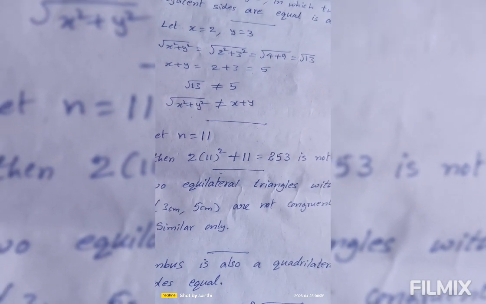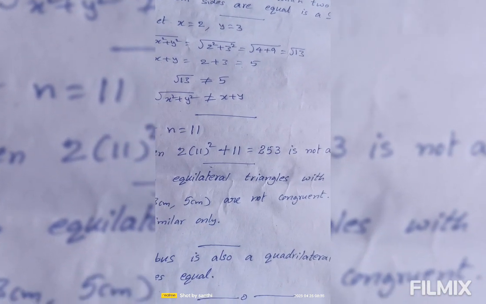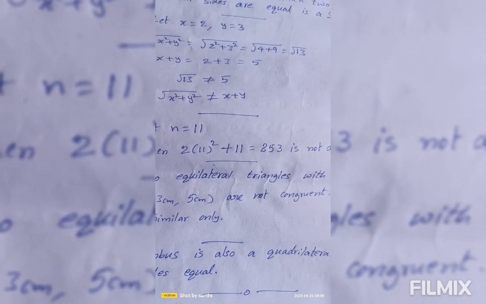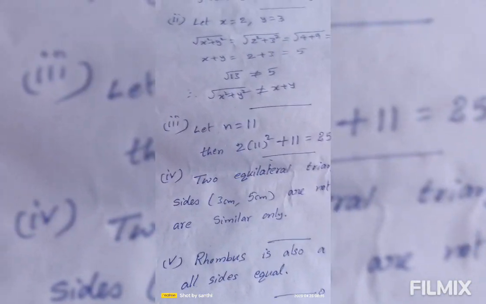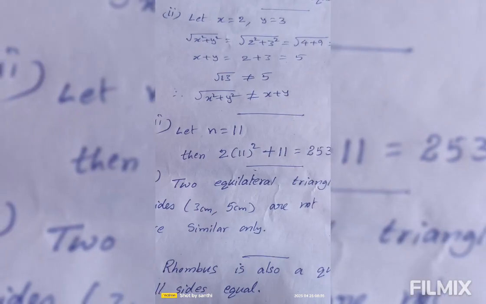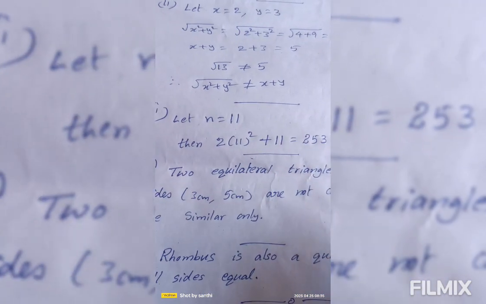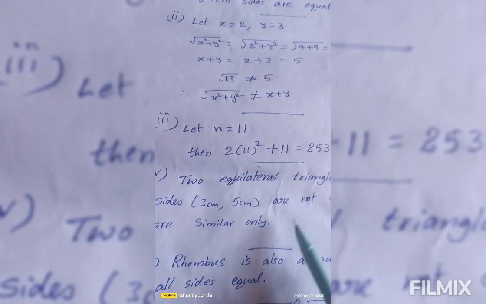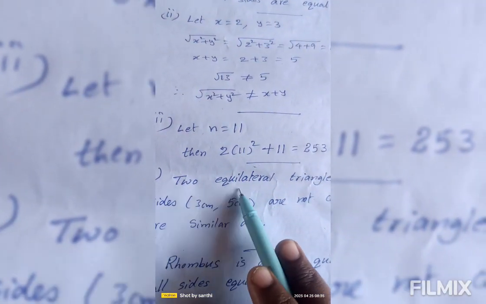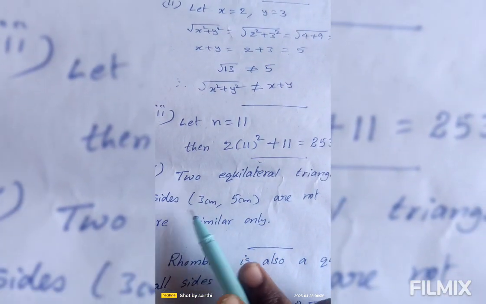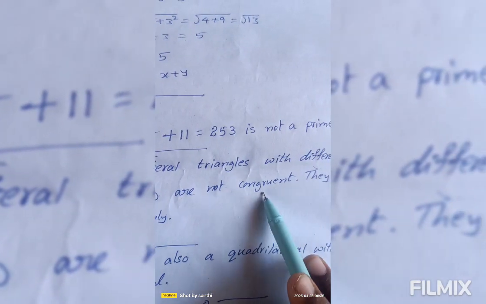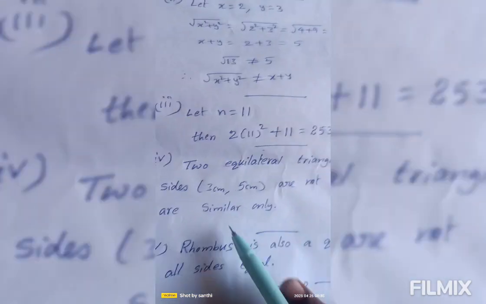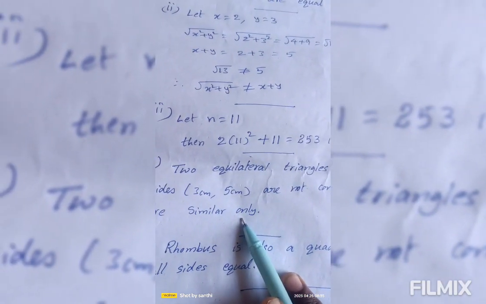Here they have given two triangles are congruent if corresponding angles are equal. We know that in two equilateral triangles corresponding angles are equal, all are 60, 60, 60. But two equilateral triangles with different sides, suppose one has a 3 cm side and one has a 5 cm side, then they will not be congruent, no? That's what we have to give as counter example.